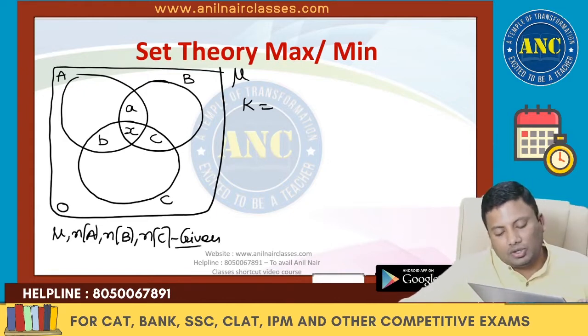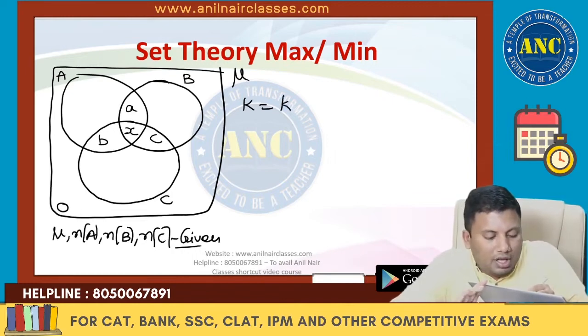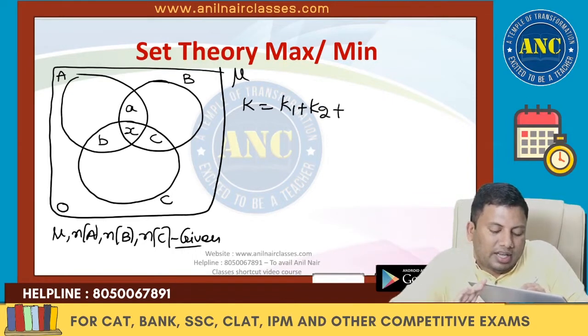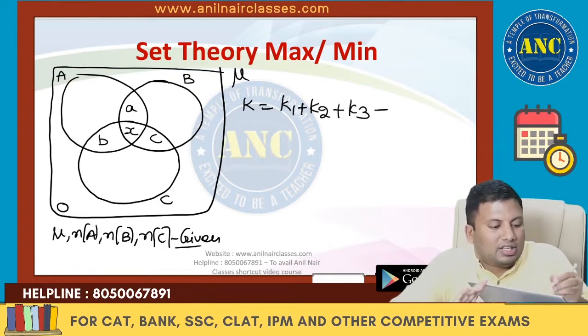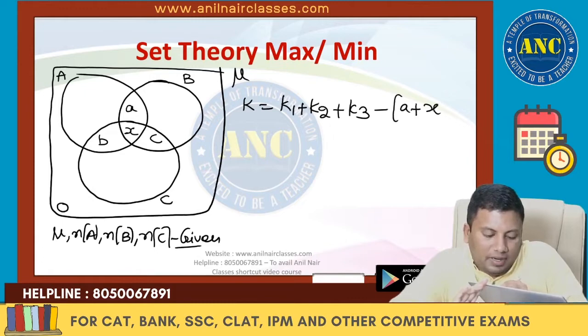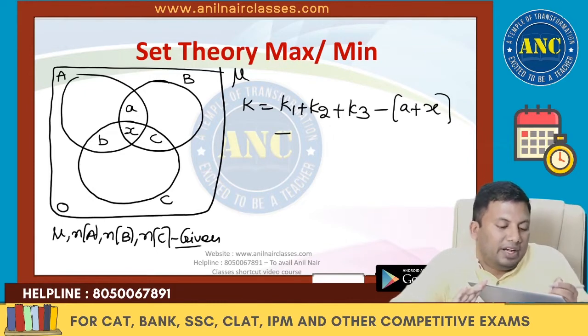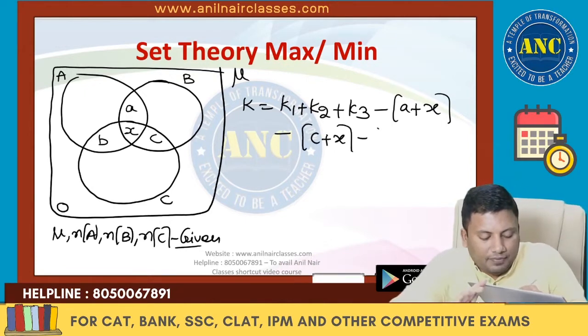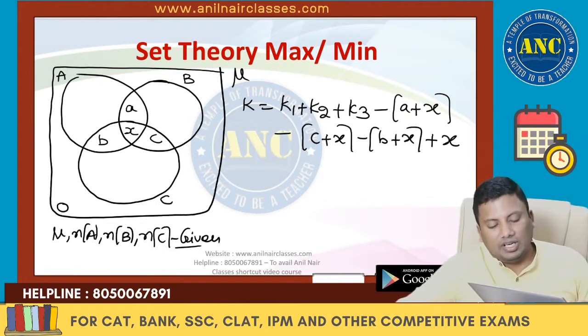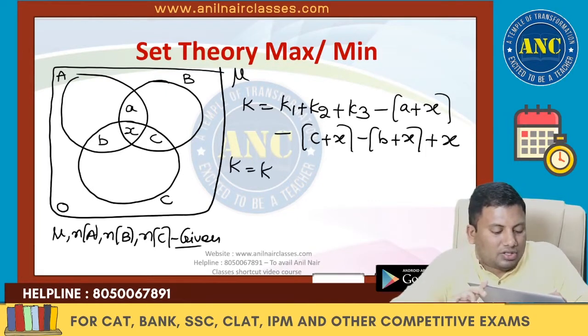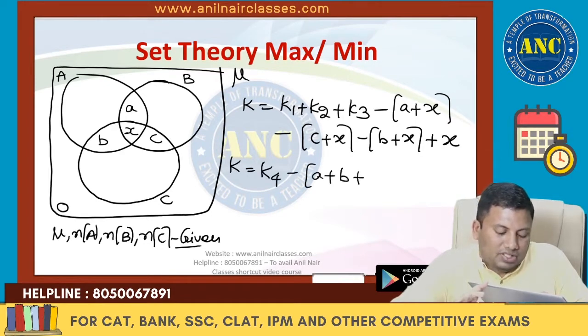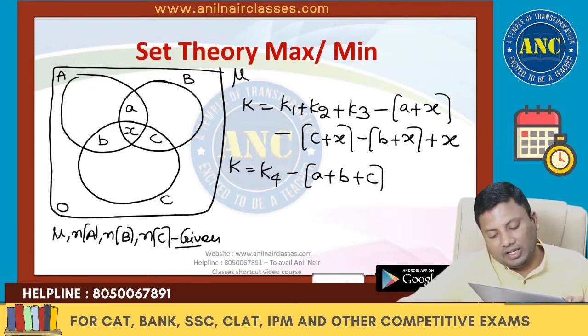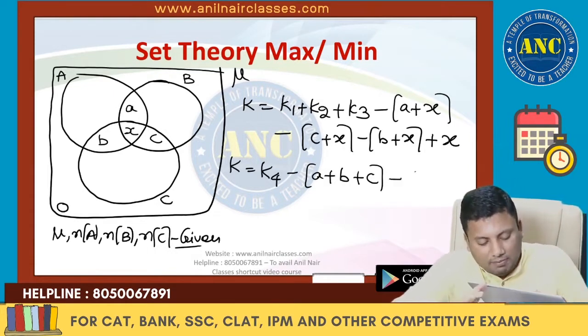I am giving constants K, K1, K2, K3. This is K1, next is K2, next is K3, minus n of A intersection B, A plus X, minus n of B intersection C, C plus X, minus A intersection C, B plus X, plus A intersection B intersection C, which is X. Sum of three constants is also another constant, K4, minus of A plus B plus C, minus X minus X minus X, minus 3X plus X, minus 2X.